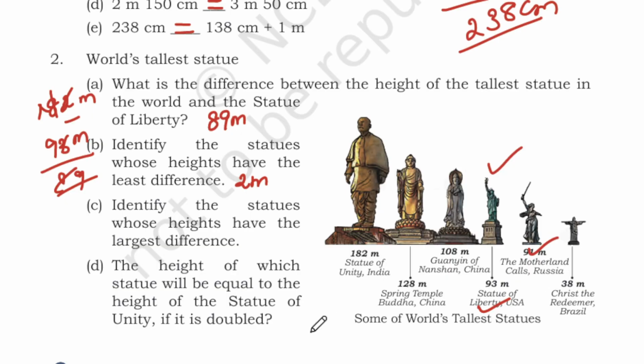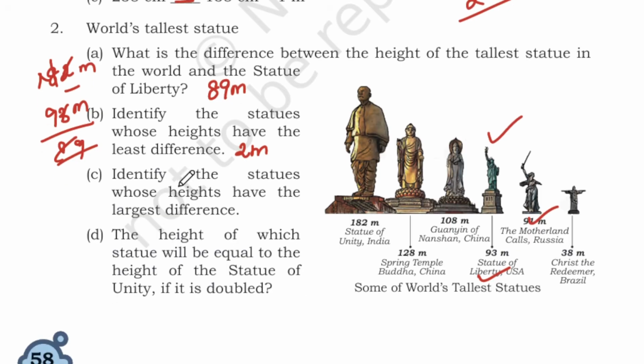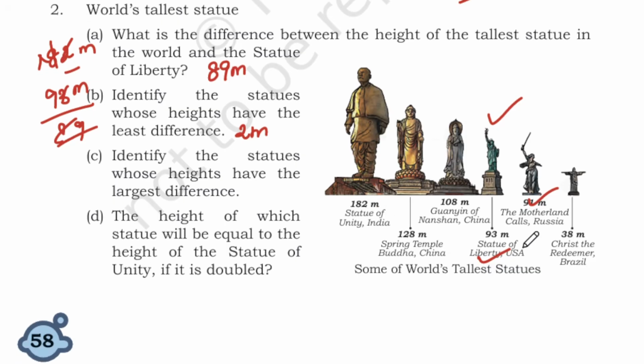Okay. Next, identify the statues whose heights have the largest difference. Now we have found the shortest one, so next you have to find the largest difference. What you can do is take the largest number, the largest meter, and the one which has the shortest meter.